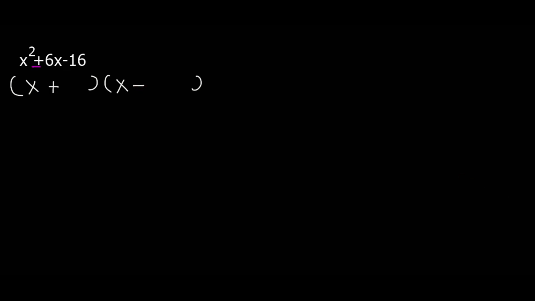From here we look at the factor pairs of the constant, 16. 16 divided by 1 is 16, 16 divided by 2 is 8, and 16 divided by 3, but remember 3 is not a factor of 16, so we jump. 16 divided by 4 is 4. So these are the factors of 16.